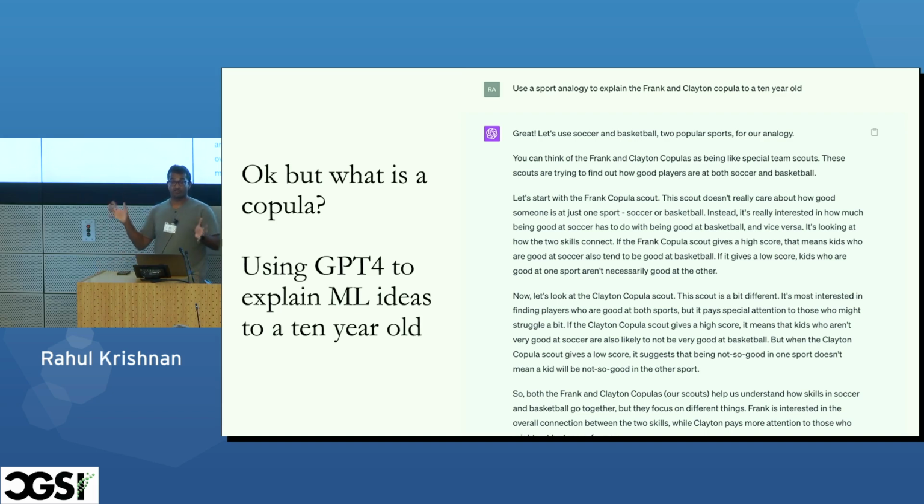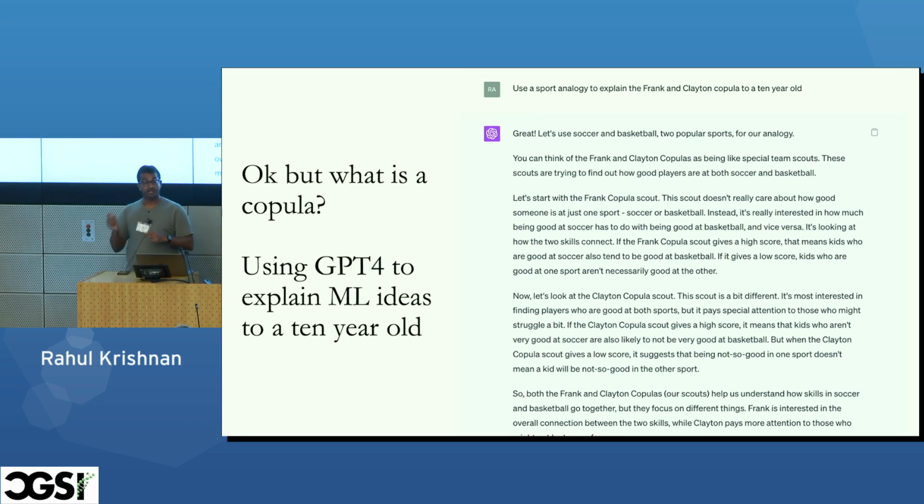And you can think of the Frank and the Clayton copulas, which are specific choices of copulas, as special team scouts. So these scouts are trying to figure out how good players are at both soccer and basketball. And so for the Frank copula scout, the scout doesn't care about how someone is at just one sport, soccer or basketball. Instead, the Frank scout is really interested in how much being good at soccer has to do with being good at basketball, and vice versa. It's looking at how the two skills connect.